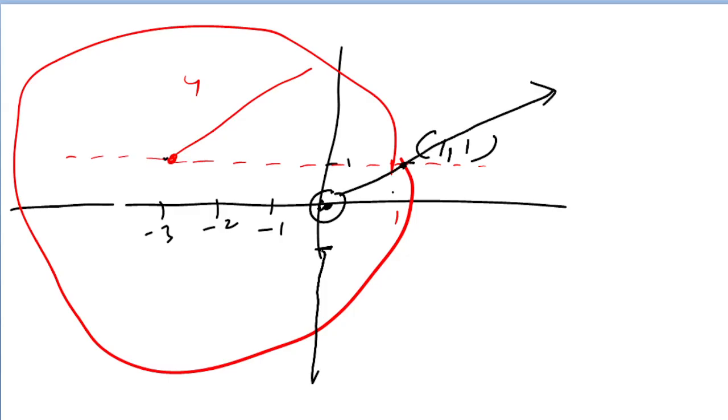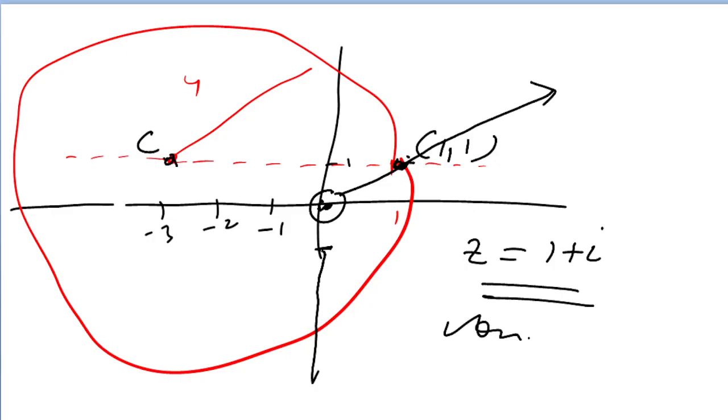Got it? Because this distance is 1 and this distance is 1. This is the center of the circle, so this is the diameter. This distance is 4, so this passes through 1 comma 1. So the meeting point, the z clearly from the graph I can say is 1 plus i. That is the answer.